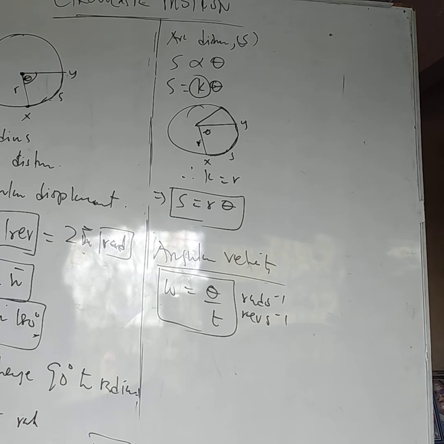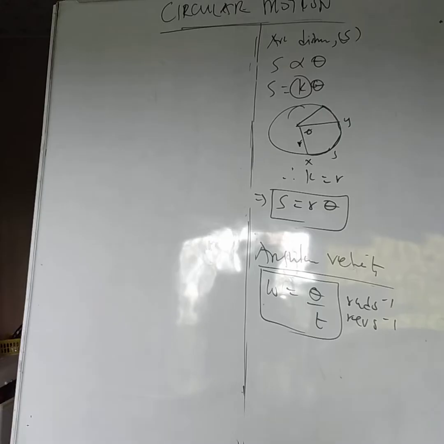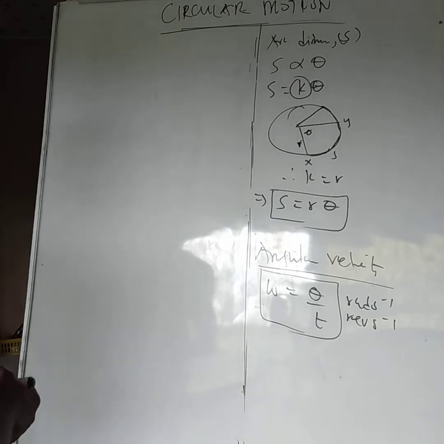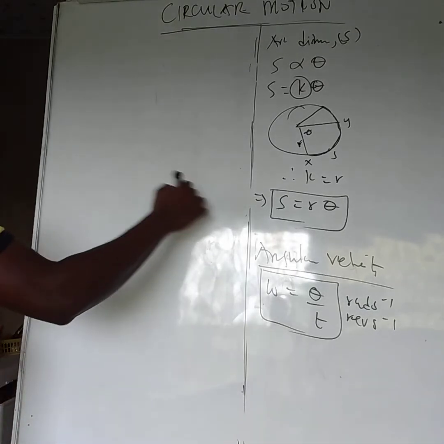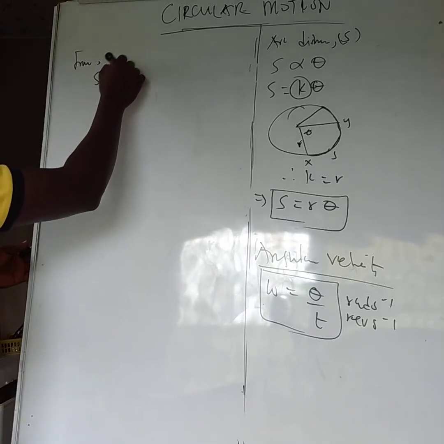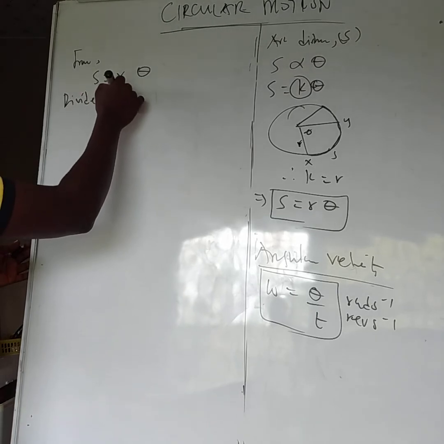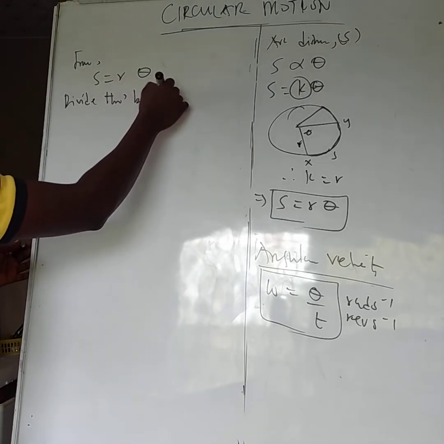The other thing I want us to talk about is the relationship between the angular velocity and the linear velocity. From our equation s is equal to r theta, let's divide by the time t.